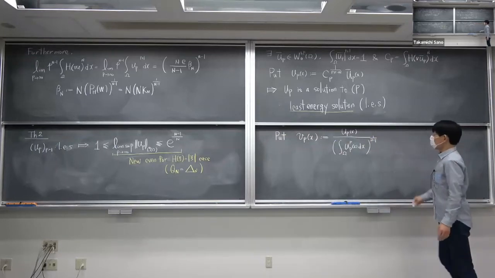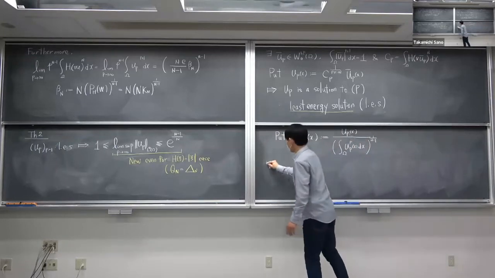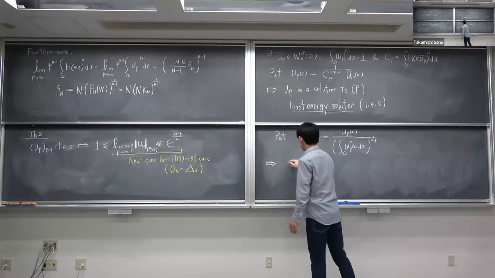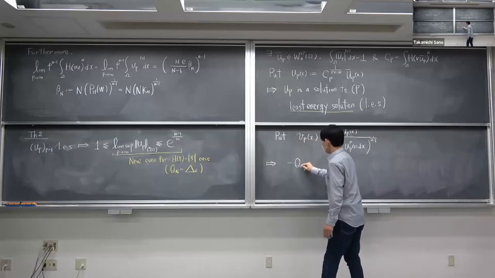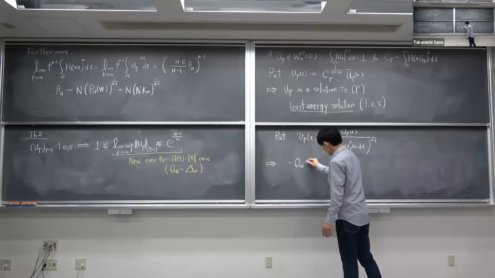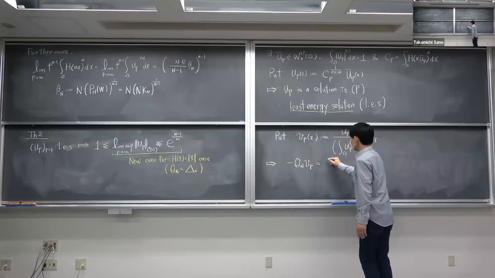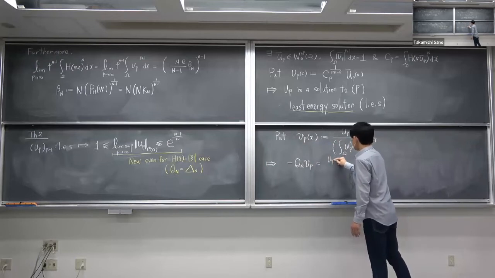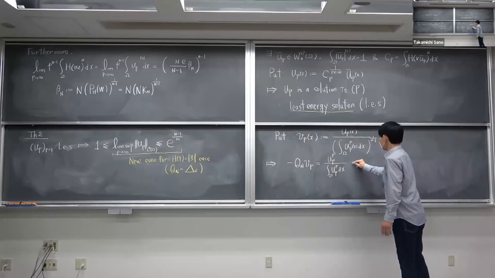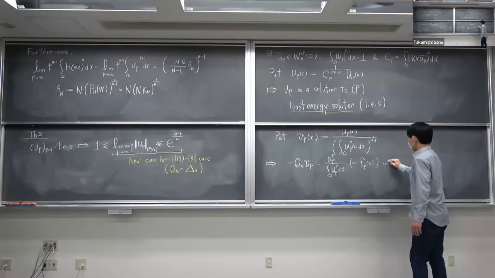Then Vp satisfies this elliptic equation: minus Qn Vp is equal to Up to the power P divided by the integral of Up to the power P dx, maybe we write this as Fp(x), in omega.